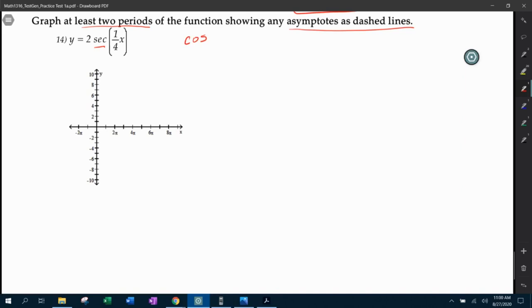We're going to need the amplitude, even though a cosecant doesn't really have an amplitude. Remember, we're pretending that it's cosine. The amplitude is 2. We're going to need the period, and for cosine and secant, that's going to be 2 pi over b, which is a fourth.